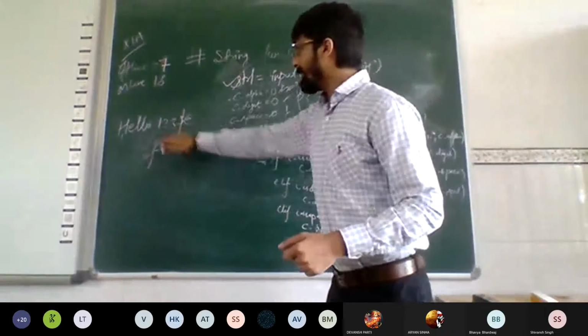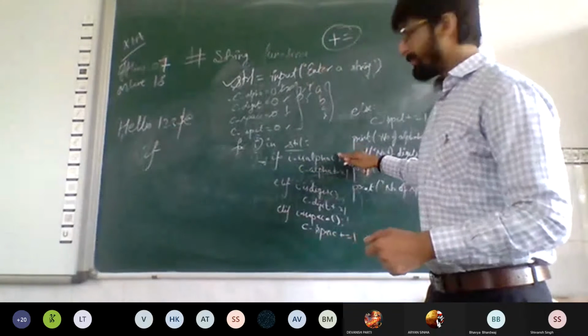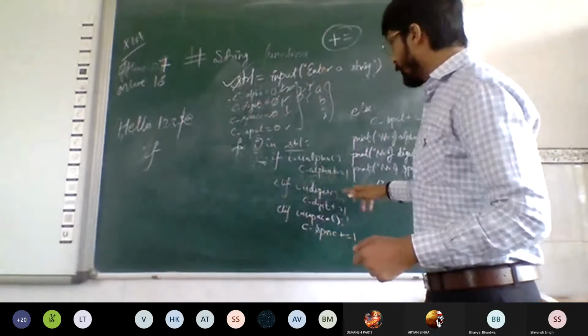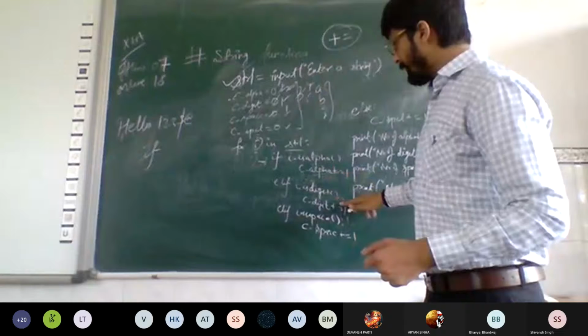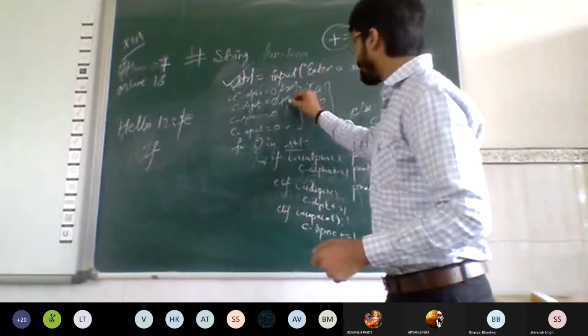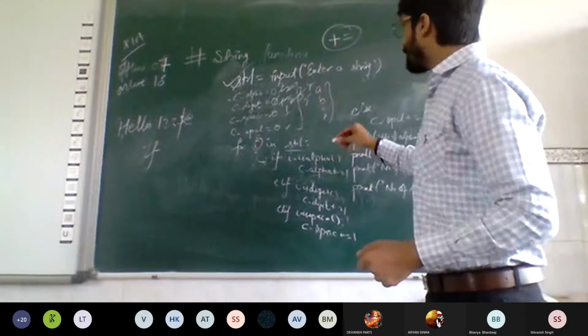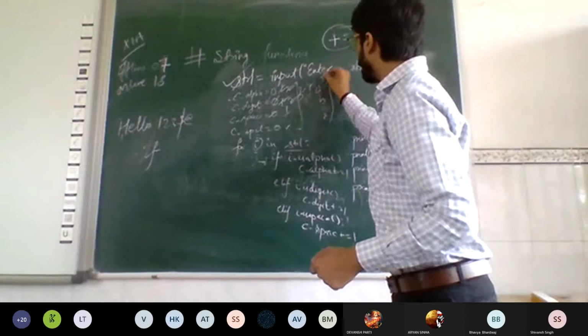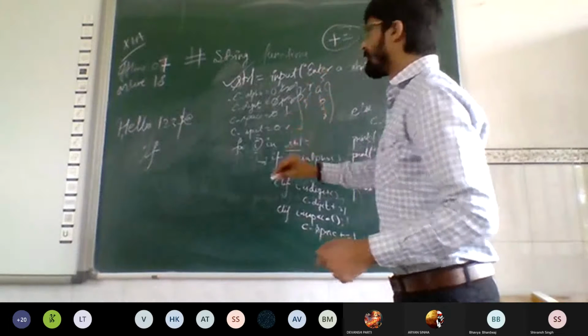Clear? 1. Alphabet? No. Digit? Yes, it's a digit. Digit will get incremented. 2. Alphabet? No. Digit? Yes. Then 3. Alphabet? No. Digit? Yes.